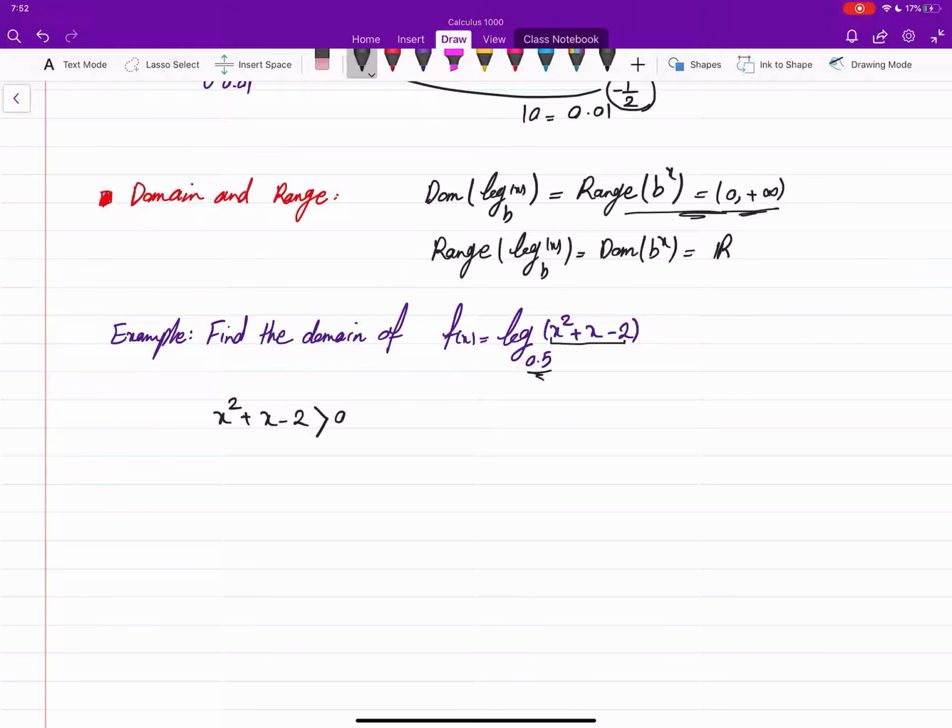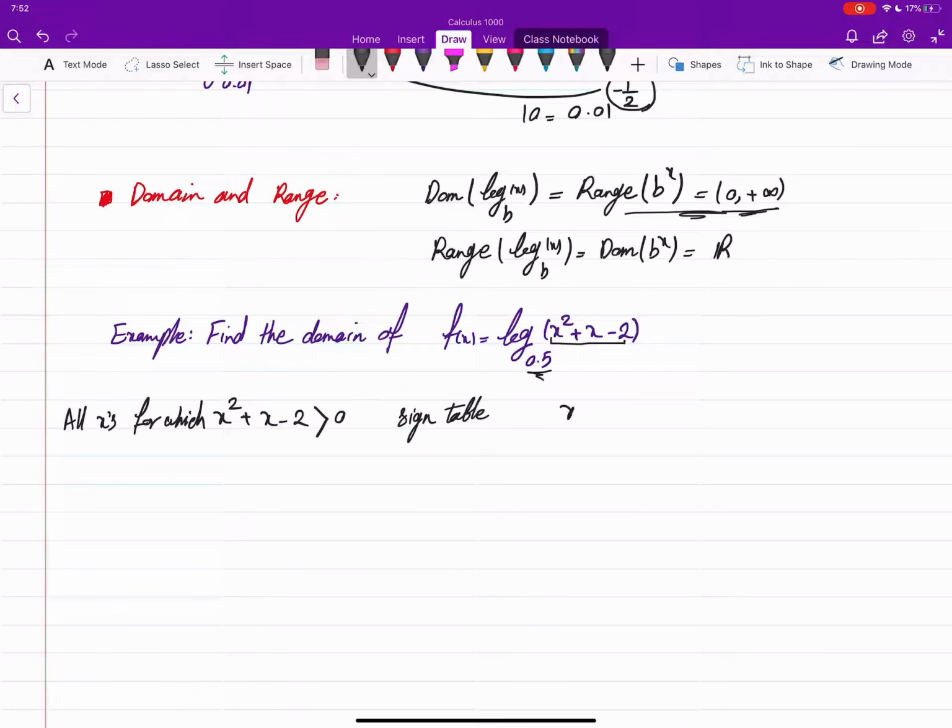So we have to find all x's for which x squared plus x minus 2 is positive. Well, to solve an inequality, you need to find a sign table.